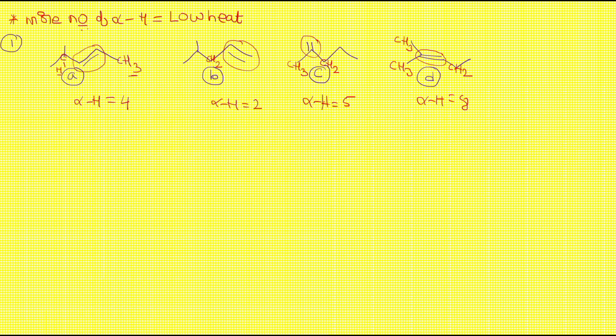The order will be B greater than A greater than C greater than D, because B possesses fewer alpha hydrogens, 2, so it has high heat of hydrogenation. Then A possesses 4, then C 5, then D. So with more alpha hydrogens in the last case, that alkene must be stable, and that alkene will have a low heat of hydrogenation.